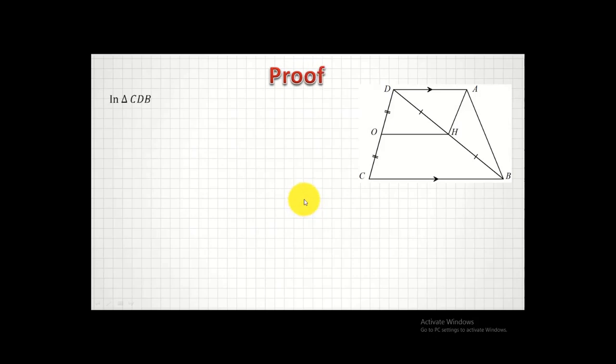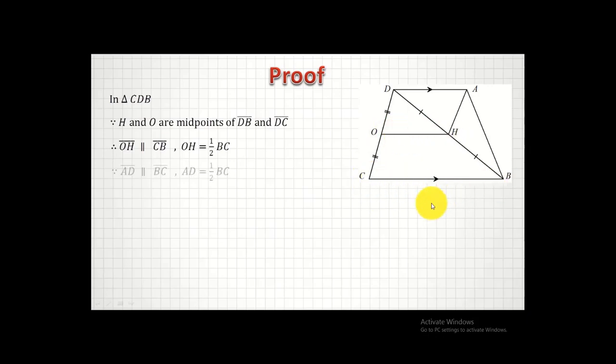In triangle CDB, since points H and O are midpoints of DB and DC, therefore OH is parallel to CB, and OH equals half CB.